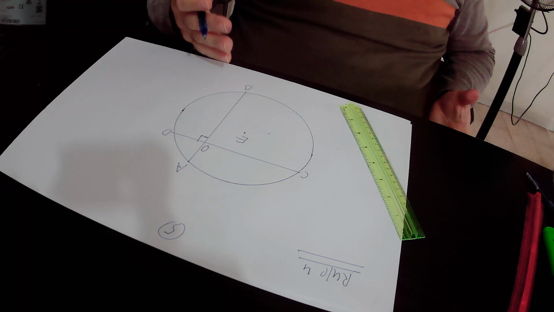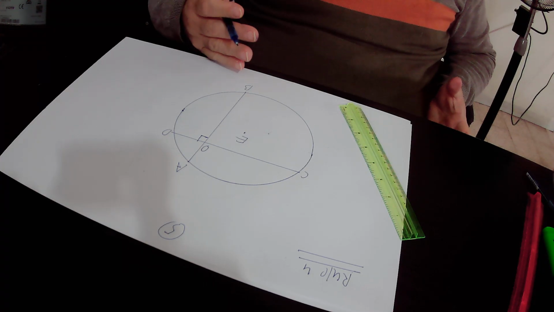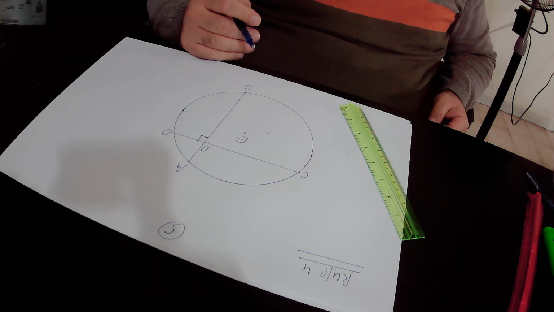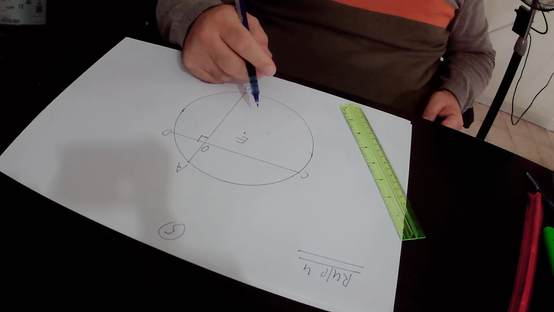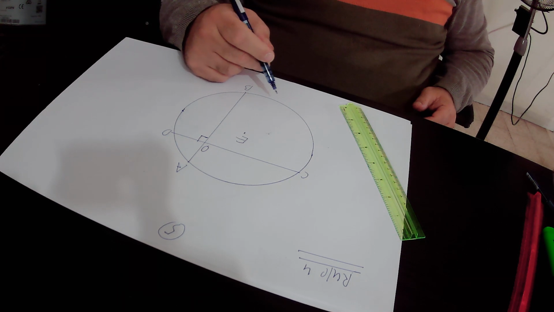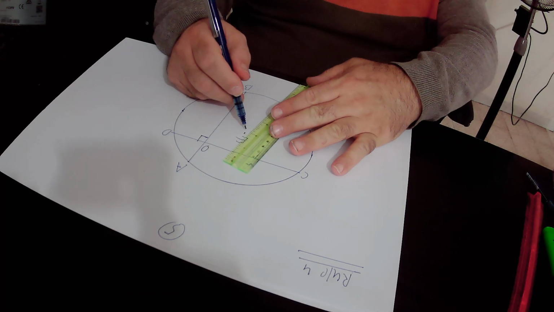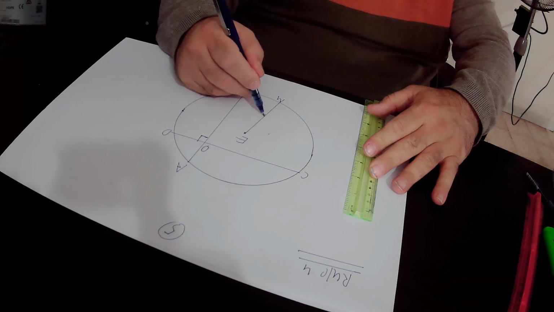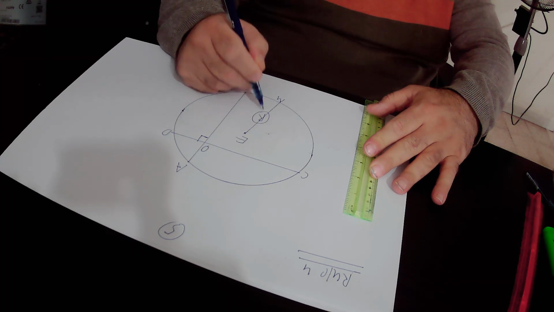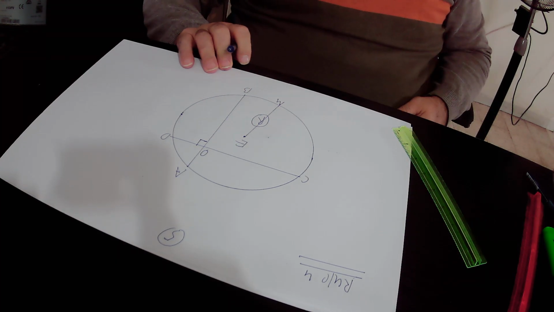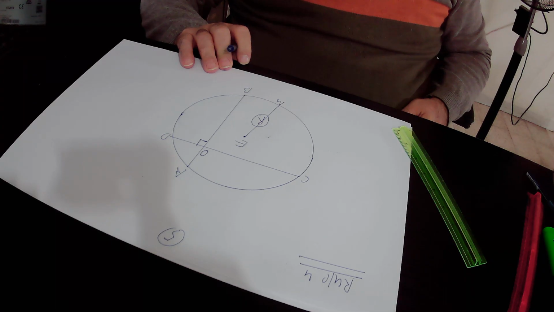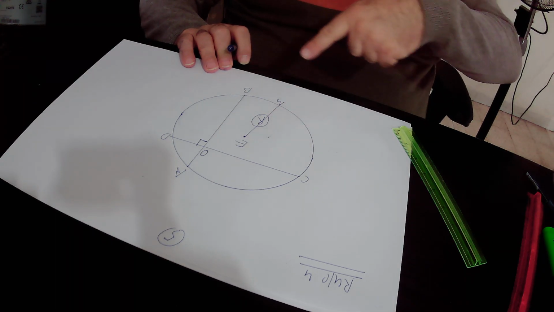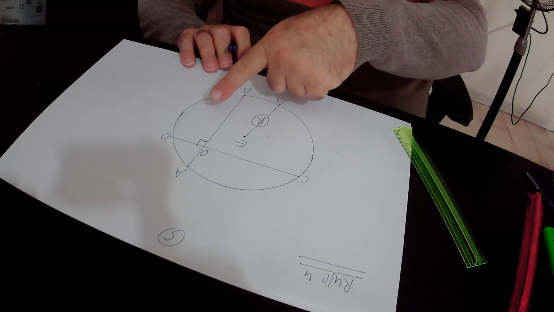If two chords are perpendicular to each other, then a certain formula is true. And we will define the radius of this circle as capital R. So we can write down that chord AB is perpendicular to chord CD.